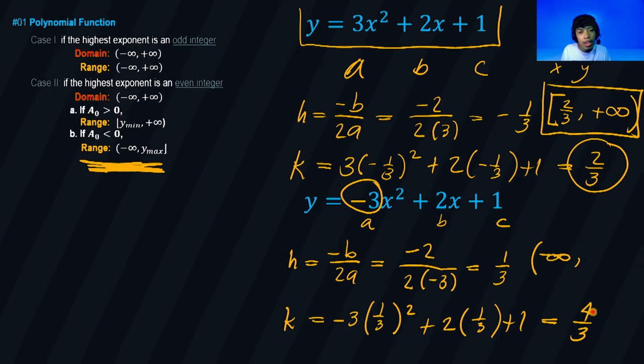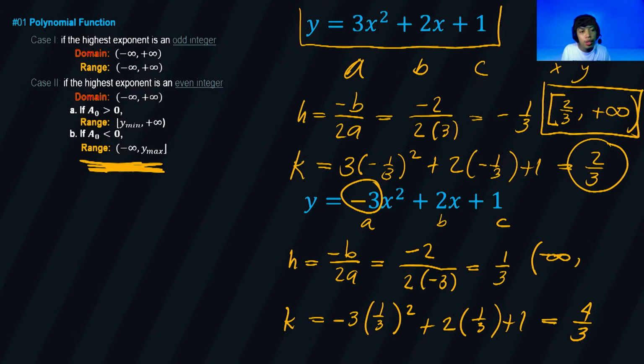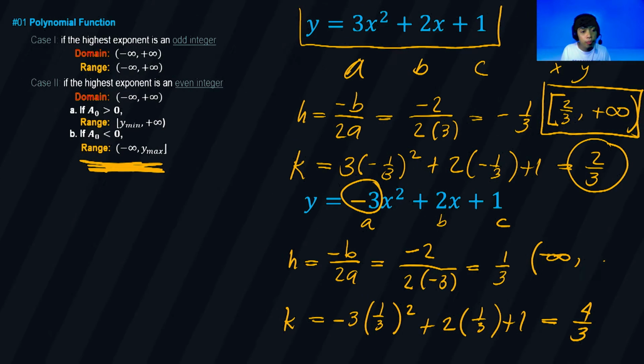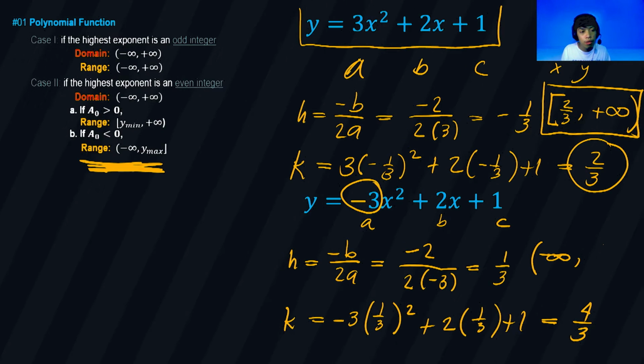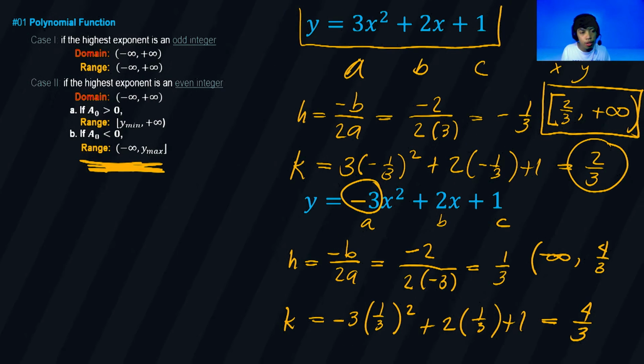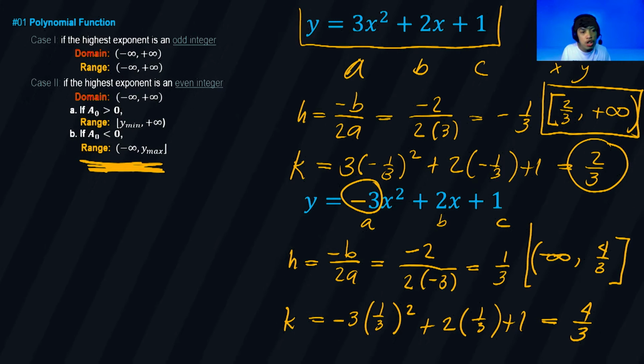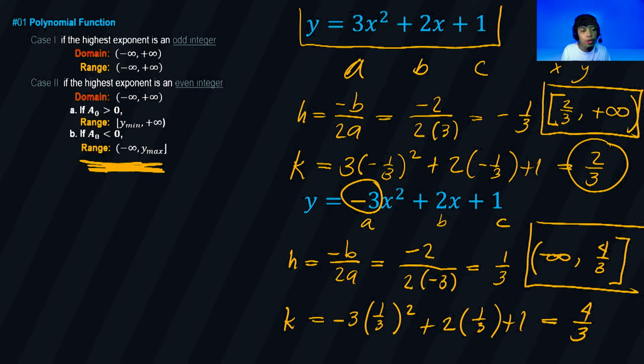Therefore, your K here is actually Y max, so it is 4/3. Of course, bracket. So this is your range for this function.